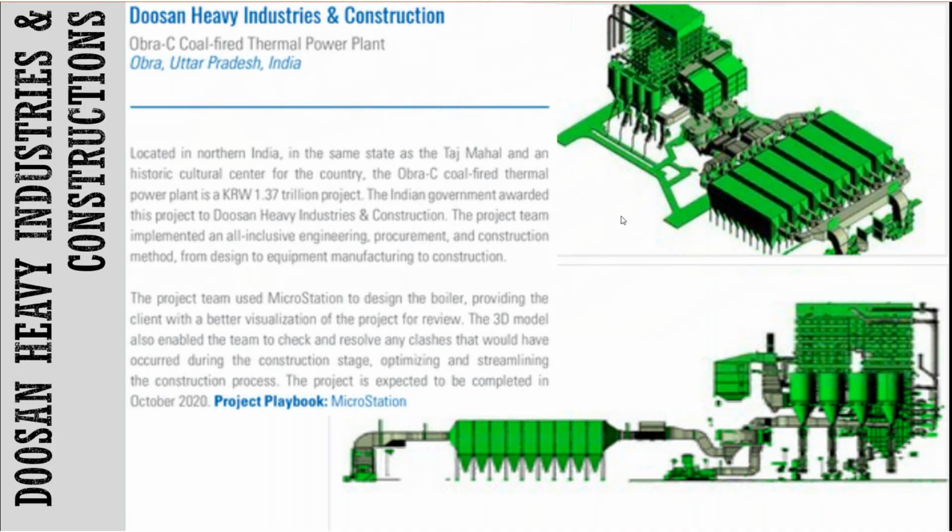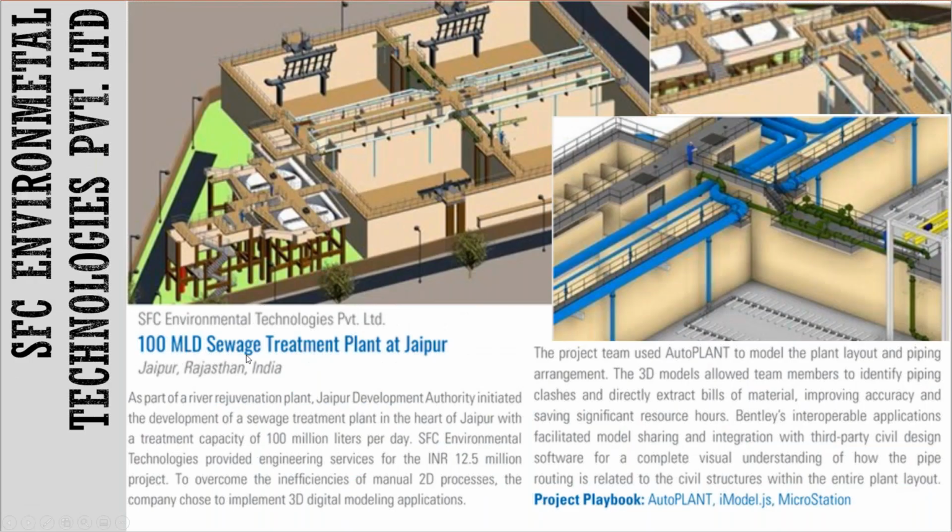And here what you see is a 100 MLD sewage treatment plant at Jaipur. The municipal corporation awarded this project to SFC Engineering Technologies. They have also used the Bentley platform for creating this intelligent data, iModel, as well as the DGN file formats.